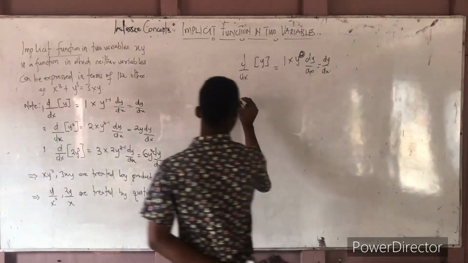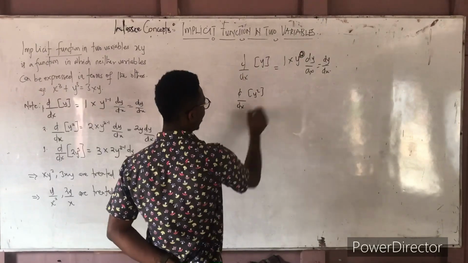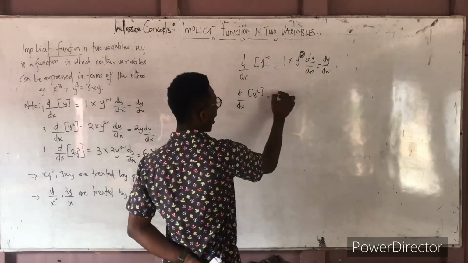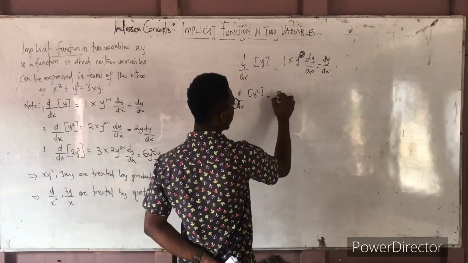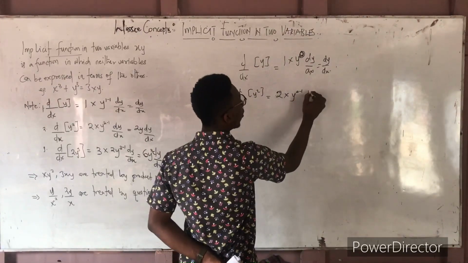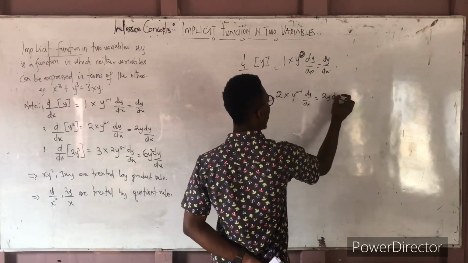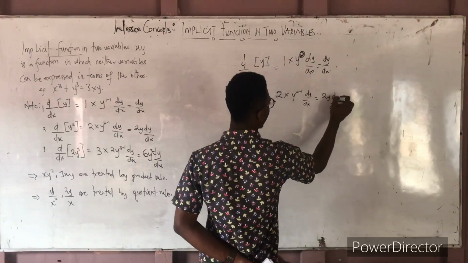The same way, if you want to find the derivative of y squared with respect to x, it is 2 times y to the power 2 minus 1, dy dx, and that gives 2y dy dx.